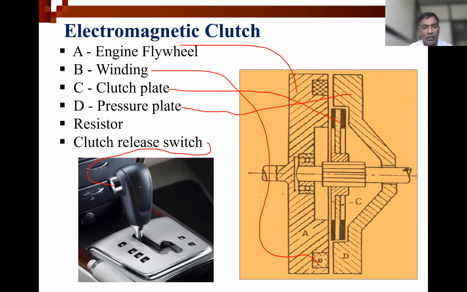That is why this is provided at the gear lever or drive lever, right? While shifting the transmission in any mode, we press this clutch release switch and then we can change. Understood, Sachin? Yes, sir.